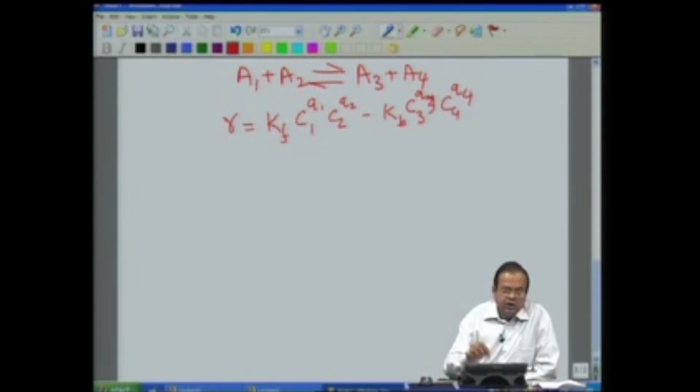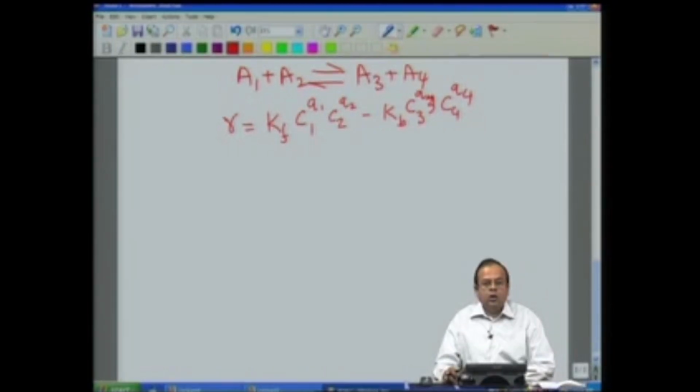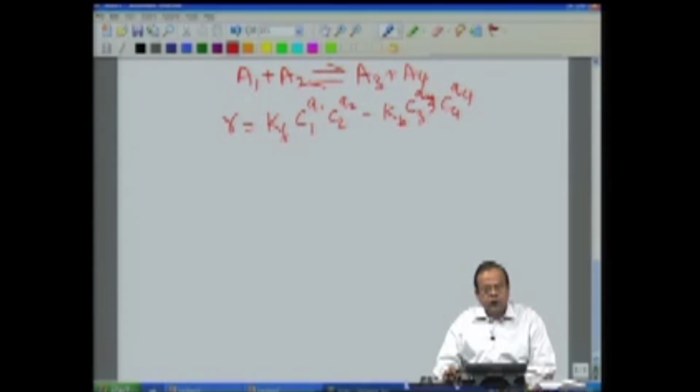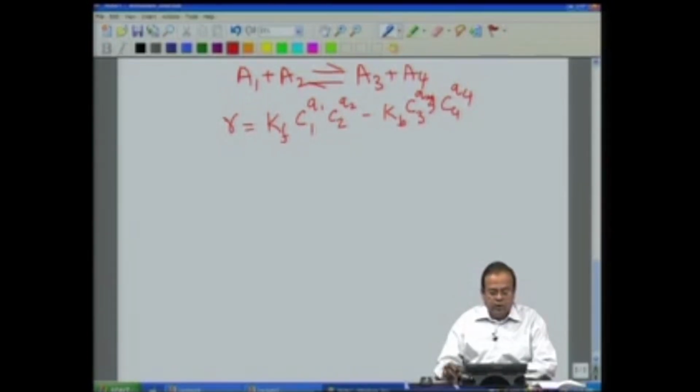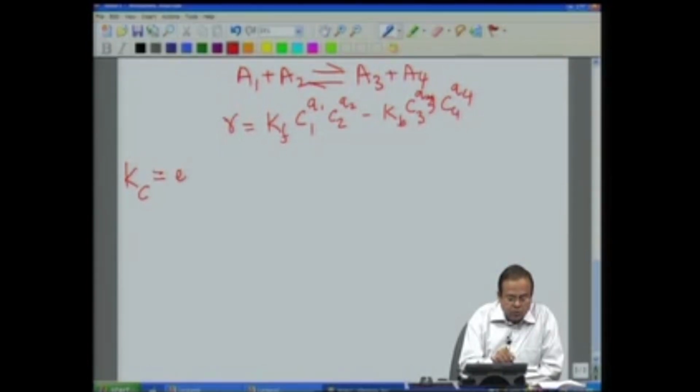We are considering a reversible reaction, and we are interested in seeing what happens to this rate of reaction as this reaction approaches equilibrium. If you recall, when we discussed thermodynamics, we said the following, and I want to bring that once again, that for this particular reaction we will have the constant Kc, the equilibrium constant, which is e raised to minus delta G0 by RT.